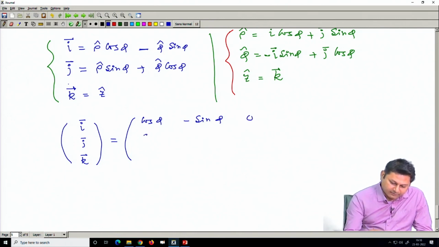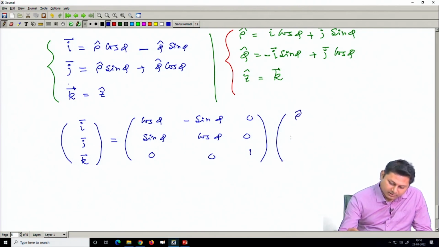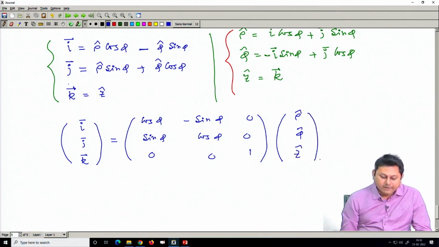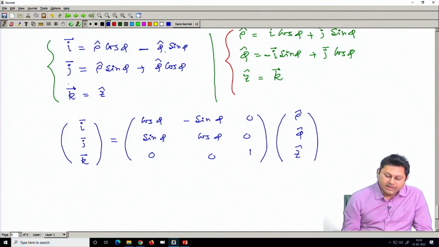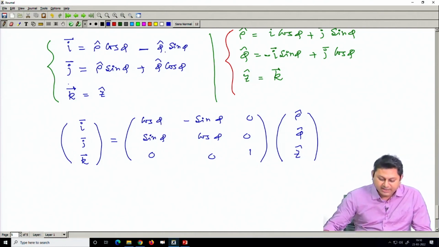Then I have sin phi and then cos phi, again 0, and then I have 0 0 1, and I have rho unit vector, phi unit vector and z unit vector. This is the transformation from rho to i. If rho and phi are given, then I can find out what is ijk.